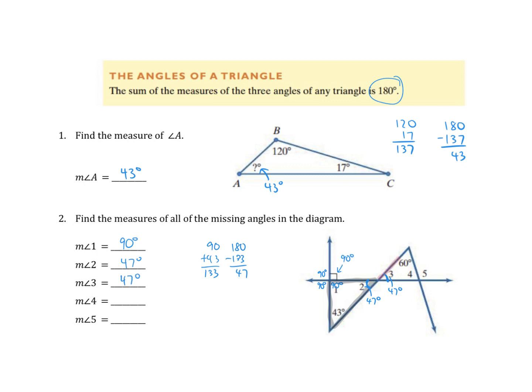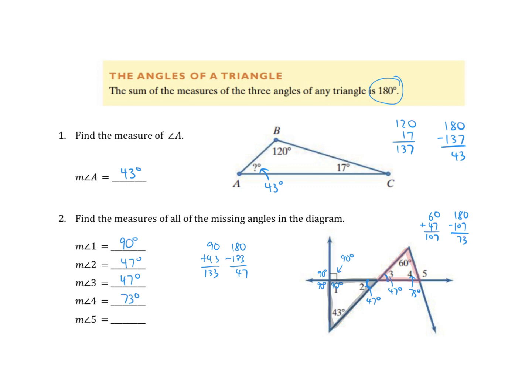And now in this triangle up here, I know two of the angles, 60 and 47, so I can find the third. I'm going to add together 60 plus 47, that's 107, and then I do 180 minus 107, which gives me 73. So angle 4 is going to be 73 degrees.